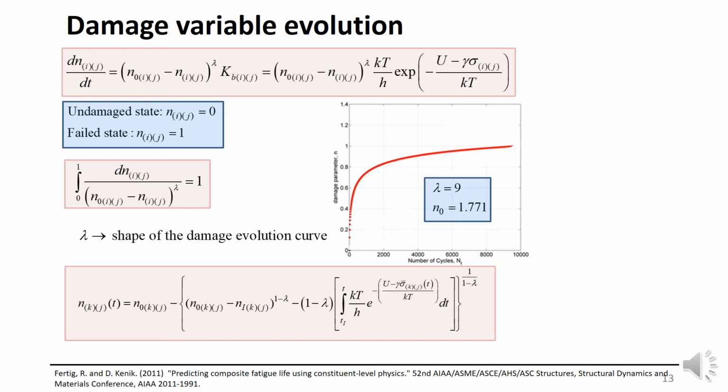So if you integrate this equation, that's the solution to that simple ordinary differential equation here, and at any given time, for a given initial value of that state variable N naught, we can integrate and determine the value of the state variable. If it is 0, it's undamaged. If the state variable is 1, it's failed.